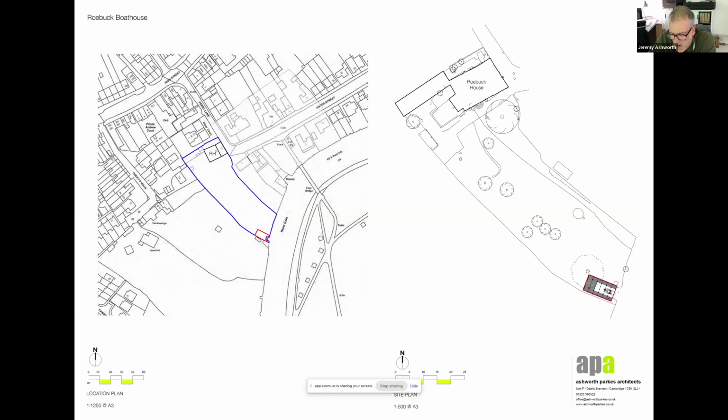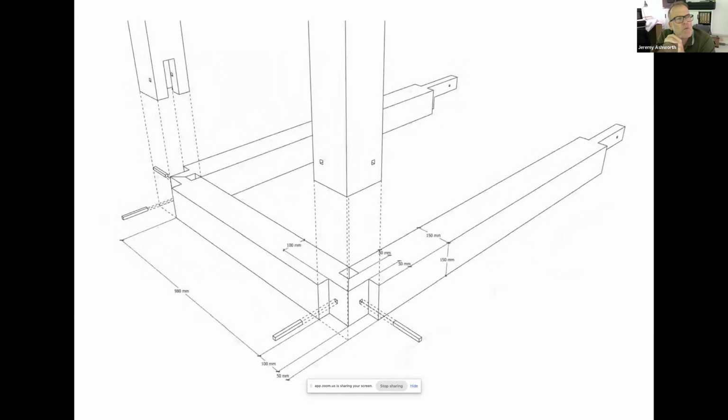And I took that as an opportunity, having worked with Joel before and knowing that he trusts what we do, to use it as an opportunity to do some exploration into Japanese joinery. And very early on, we came up with the concept of using as few different materials as possible.